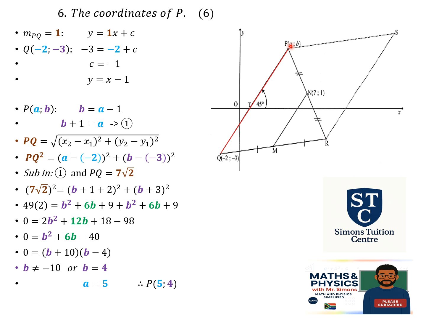PQ, to get the distance, is the square root of x2 minus x1 squared plus y2 minus y1 squared. I can say PQ squared equals, now remember my x2 is A, so A minus minus 2 all squared plus B minus minus 3 all squared.